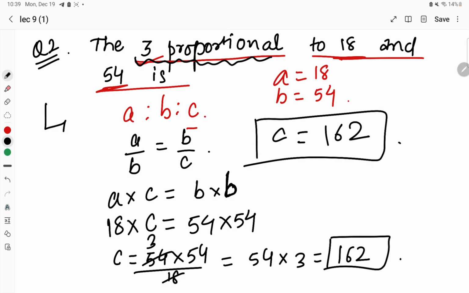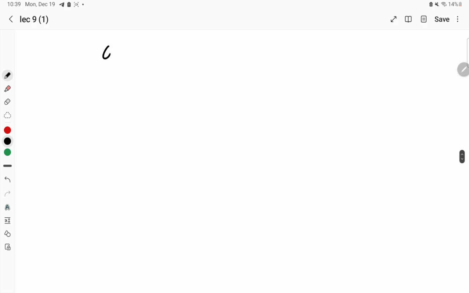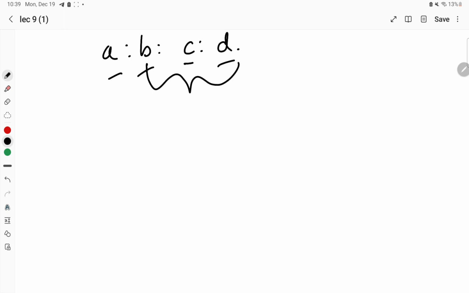So sometimes what happens in questions, they give us, for example, I'll write over here, A is to B is to C is to D. They can ask us to find the value of the first proportional and give us the value of the other three. They can ask us to find the value of the third proportional and give us the other three values.